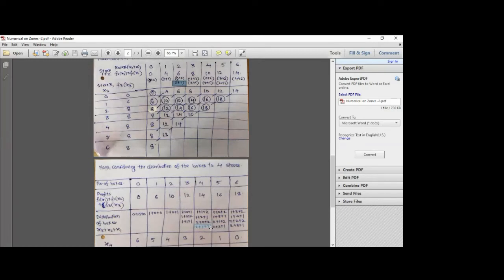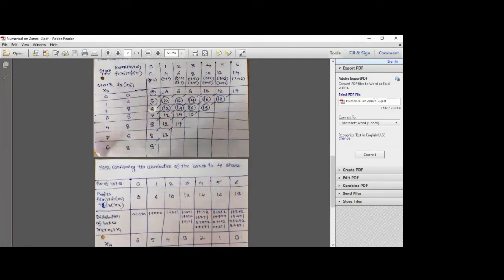Now for the fifth, 16 and 16 are the maximum values, right? So for this 16 it will be 1 plus 2 plus 2.